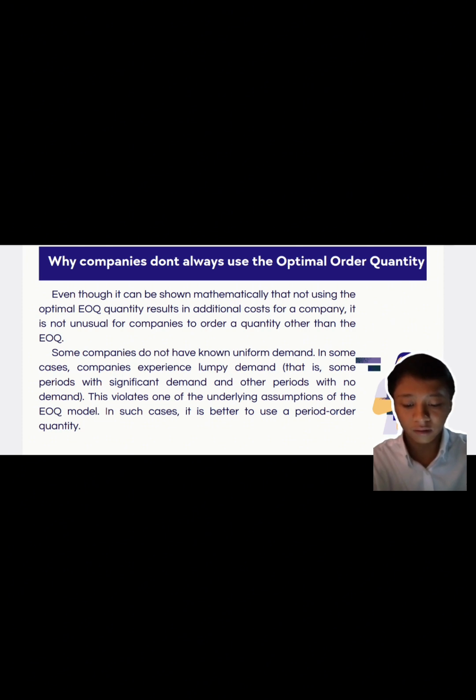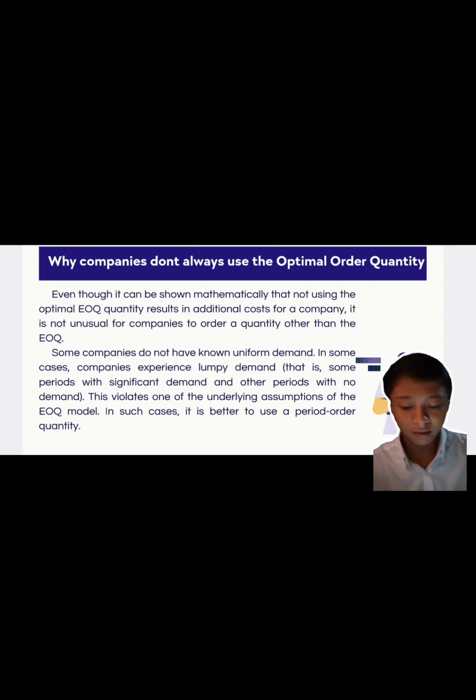Even though it can be shown mathematically that not using the optimal EOQ results in additional cost for a company, it is not unusual for companies to order a quantity other than the EOQ. Some companies do not have known uniform demand.